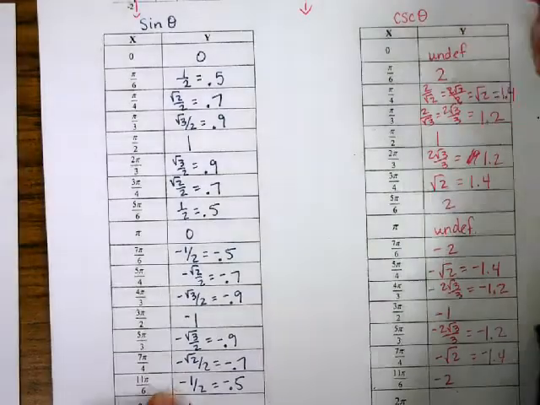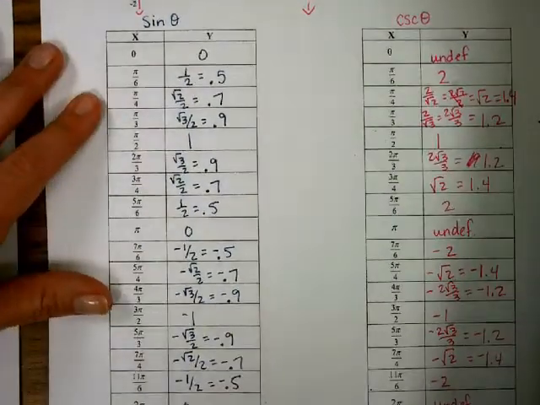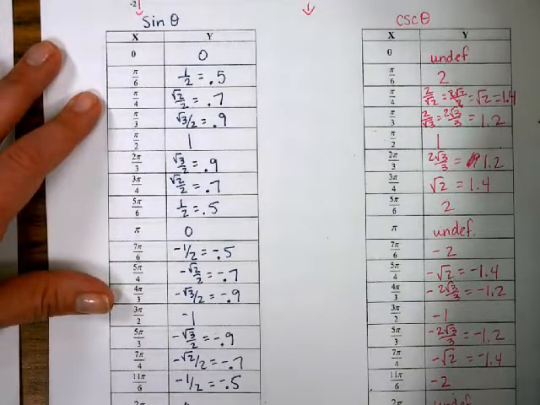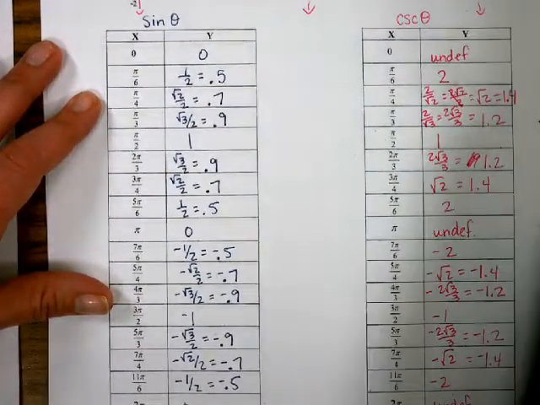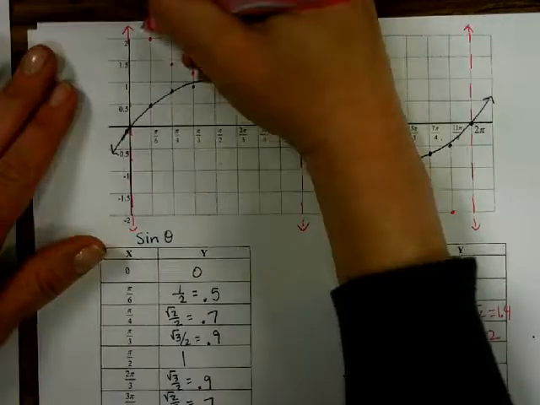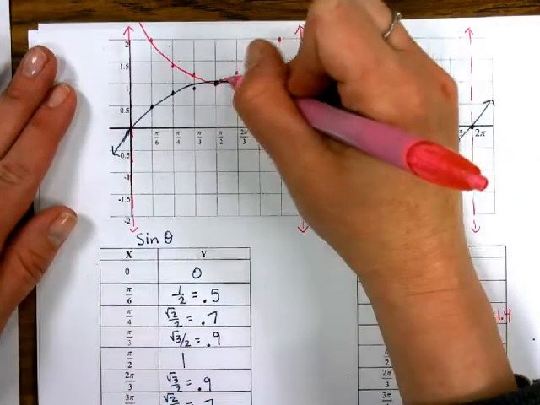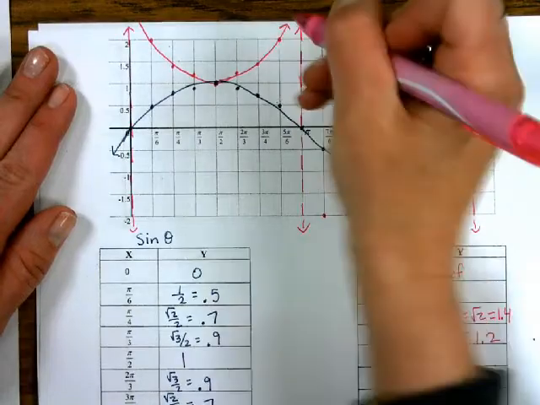And 2 pi, back to undefined. Another asymptote. Okay, so now I'm going to give these guys a curve shape. So, cosecant gives you these two U-shaped or parabola-shaped graphs.